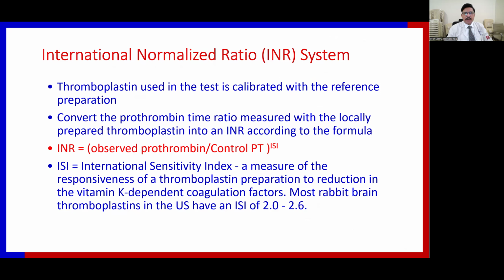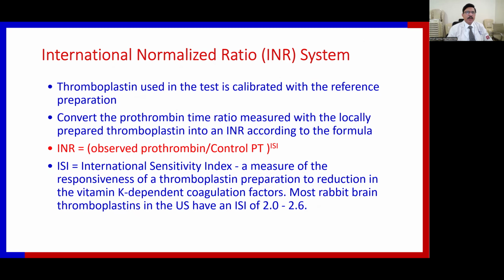The thromboplastin used in the test is calibrated with reference to the preparation. What you have to do is convert the prothrombin time ratio measured with locally prepared thromboplastin into INR using the following formula. What is that formula? Observed prothrombin time of the patient divided by the control prothrombin time of a normal individual in the lab.